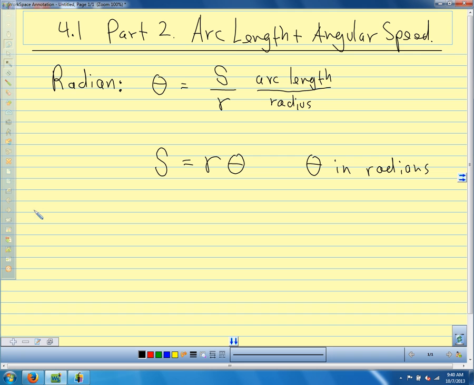So let's look at an example. I want to write out this example the way that you might be asked this question, so that when you see the terminology, you understand what it's asking.